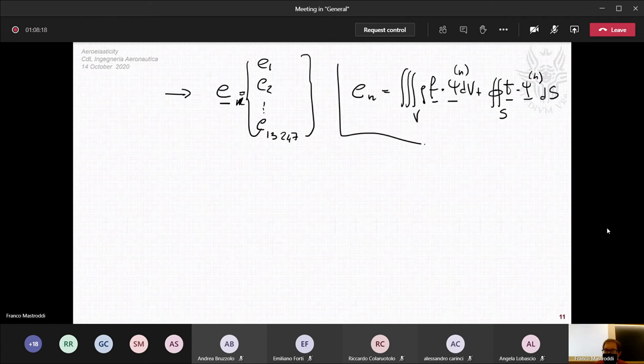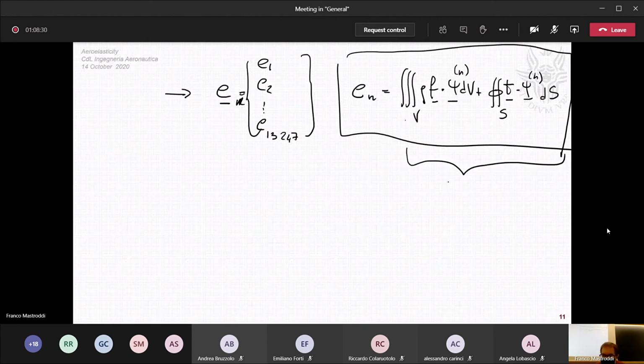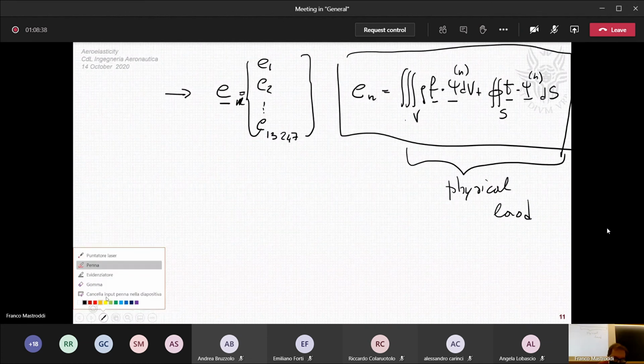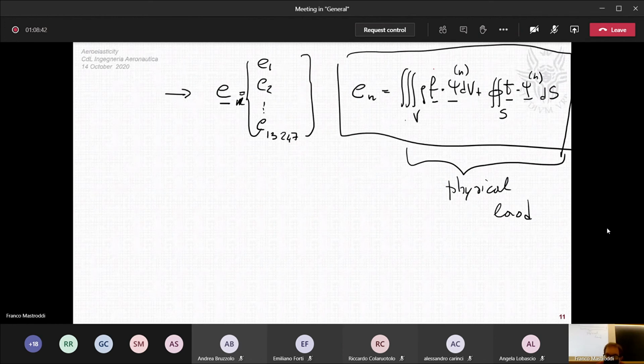And this is the definition, the relationship between your physical load, like this and this.